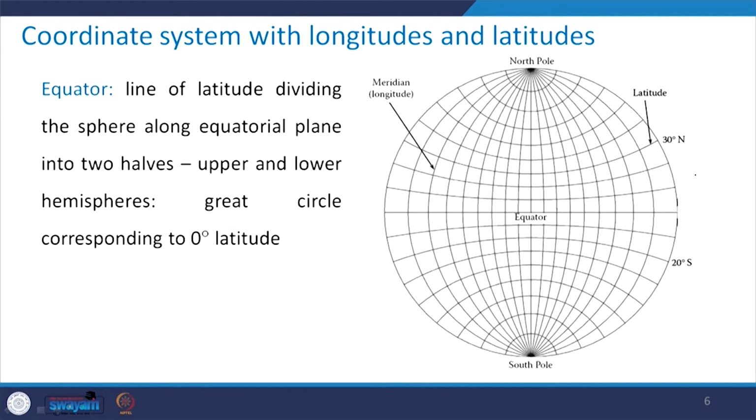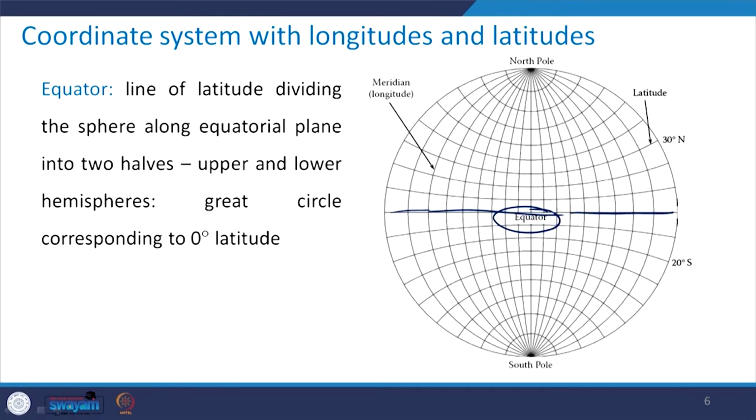Coming to the next term, with reference to Earth, you all know about the equator. It is the line of latitude, because it is in this direction. It divides the sphere into an equatorial plane having two halves.